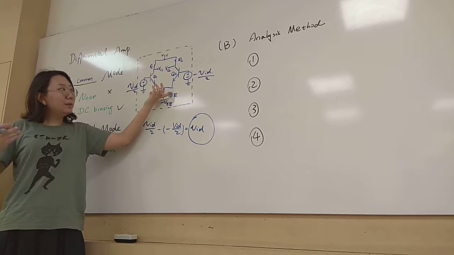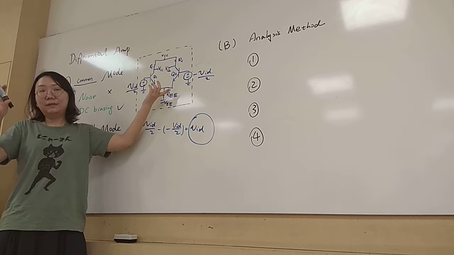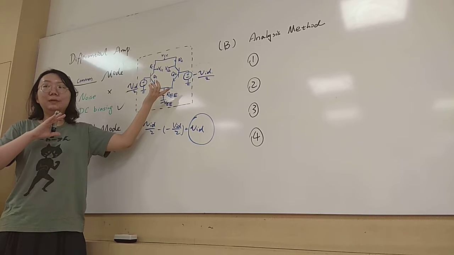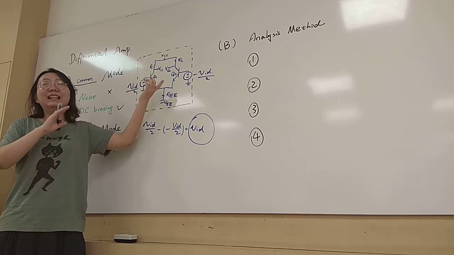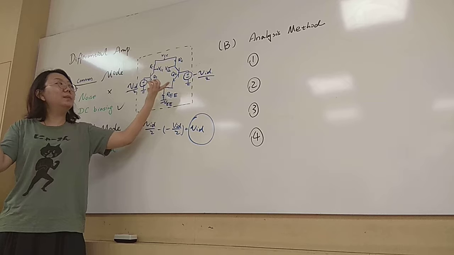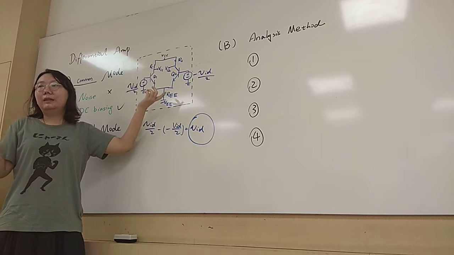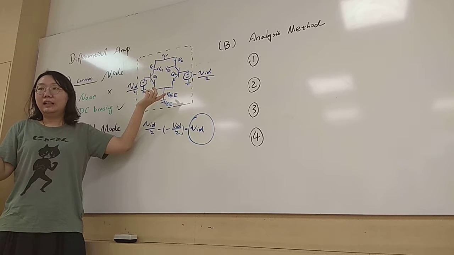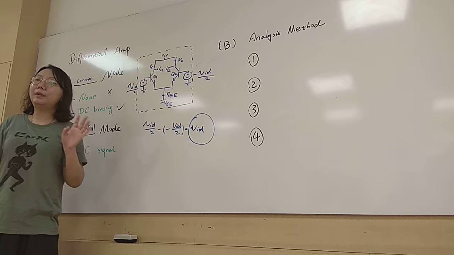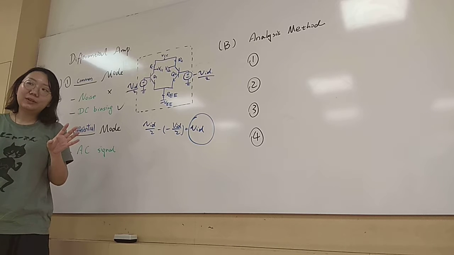And the common mode signal, if it is also 5 volts, appearing at these two input nodes, the gain from this circuit is maybe, for example, only 10. So after it passes through this circuit, it will become 50. So the common mode signal appearing at the output of your differential amplifier will be 50, but the differential mode signal appearing at your output will be 500.